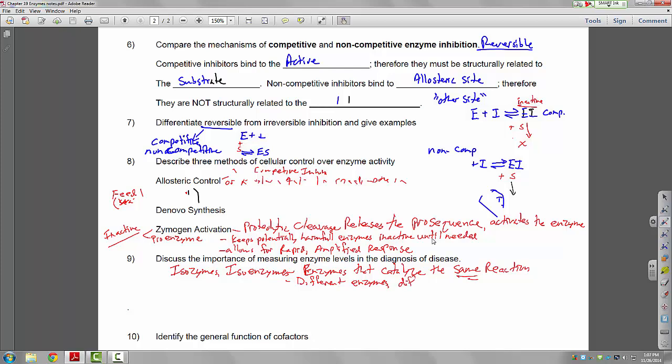They come from different genes. In some tissue types, one type might be expressed. In another tissue type, a different isozyme will be expressed, although they catalyze the same reaction. So we'll say differential tissue expression.